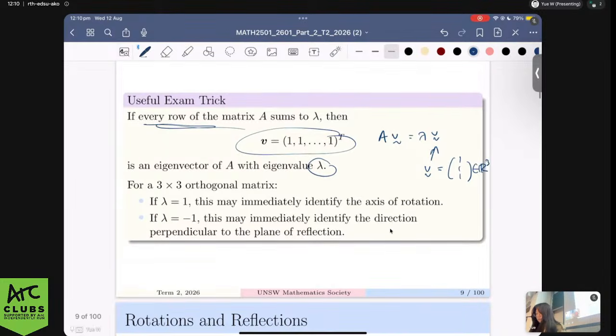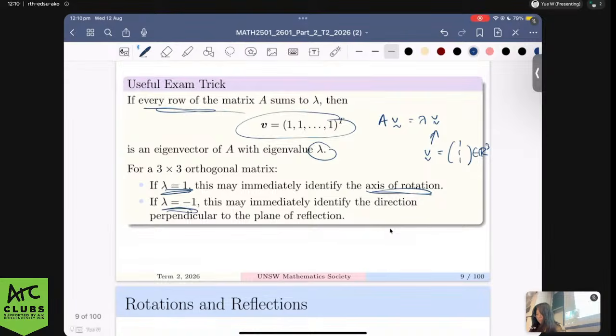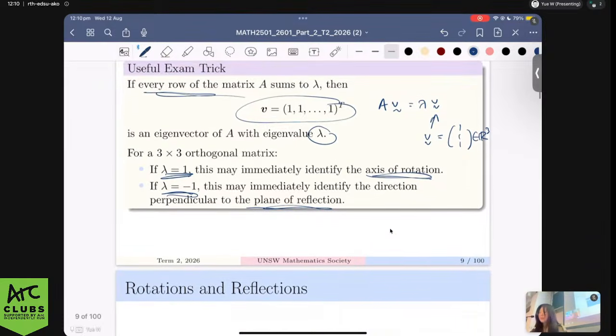This is very useful because for a 3x3 orthogonal matrix, if lambda is equal to 1, this may immediately identify the axis of rotation, which in this case would just be 1, 1, 1. And if lambda is equal to -1, then this may immediately identify the direction perpendicular to the planar reflection. That's something you could check when you're doing the problems.